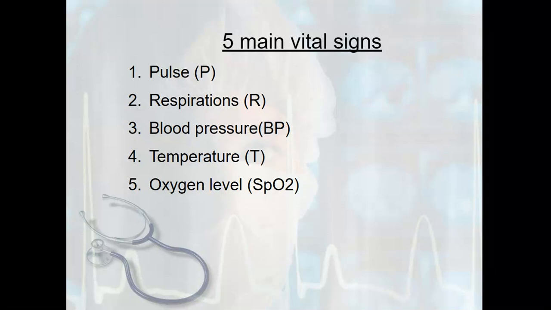Some textbooks will say that pain is the 6th vital sign, that every time you take pulse, respirations, blood pressure, temperature, and oxygen level, you should also ask about a pain level. But the 5 main ones in all the current literature and teaching are pulse, respirations, blood pressure, temperature, and oxygen level.